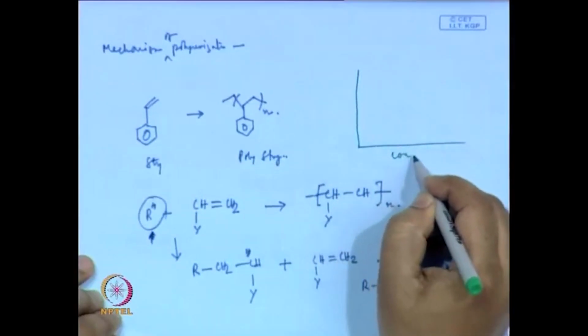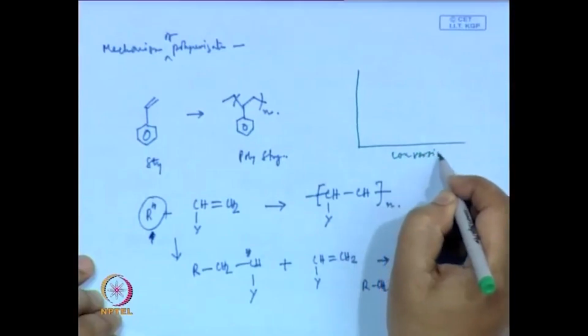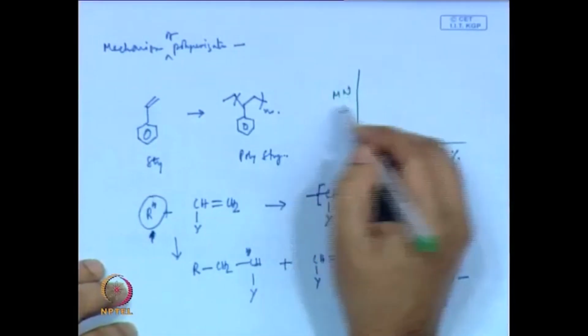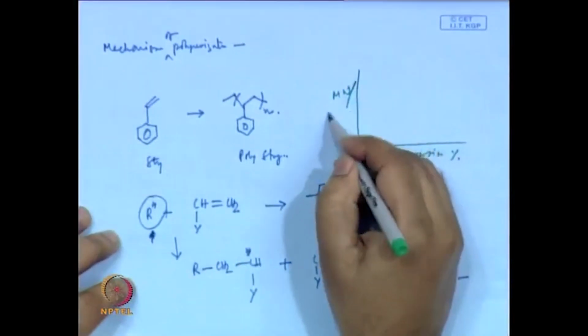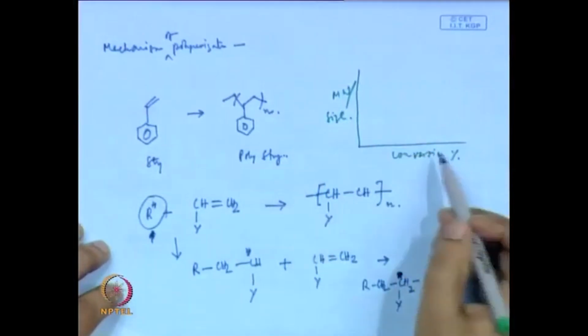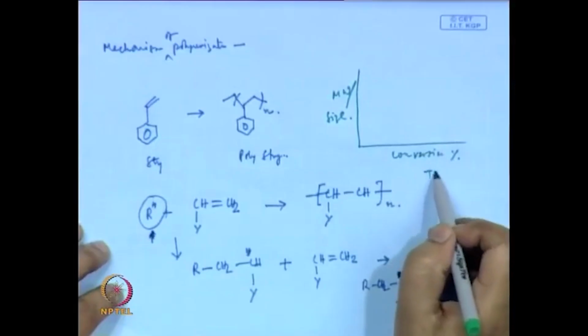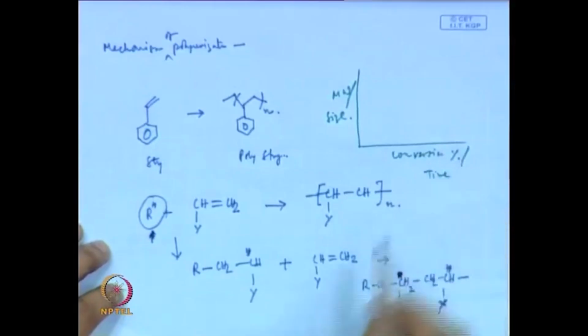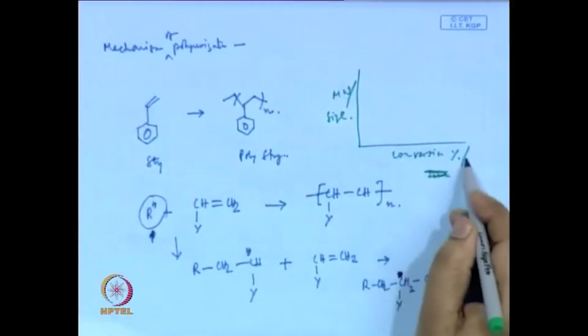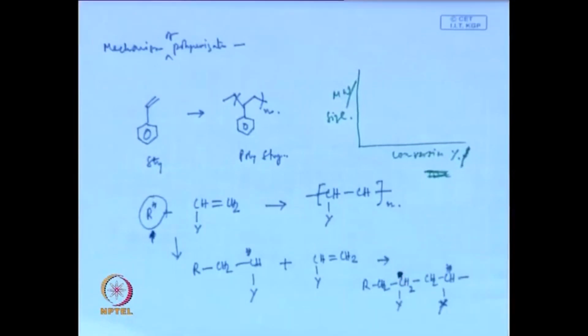So, if I plot conversion, say percentage conversion, meaning the fraction of monomers reacted or disappeared from the reaction medium, with the molecular weight or the size of the chain. What do you expect with time? Conversion is also, you can also write time. Let us talk about conversion now.